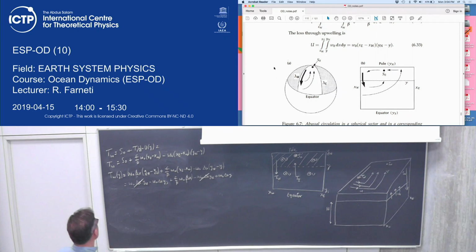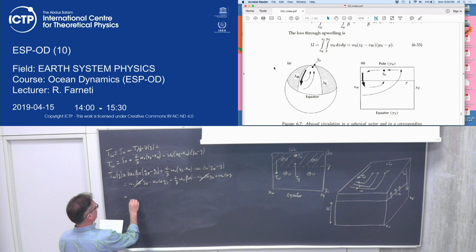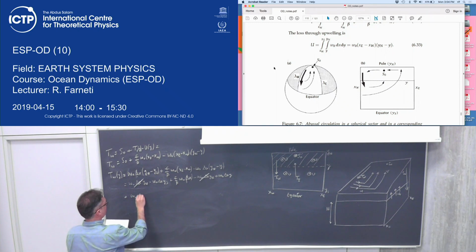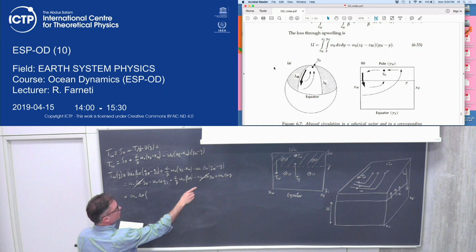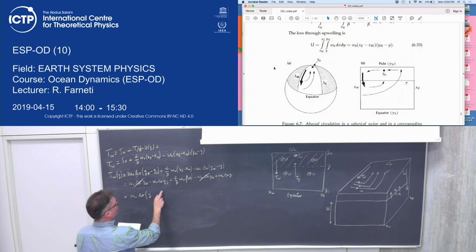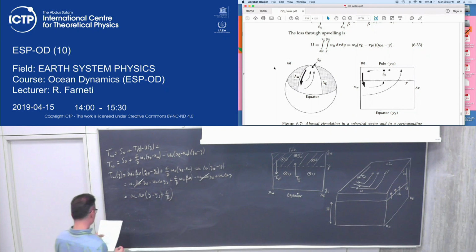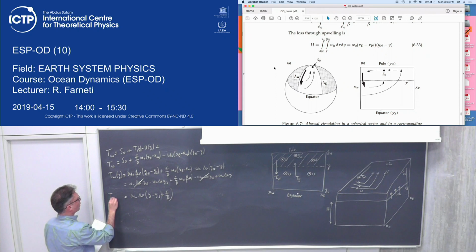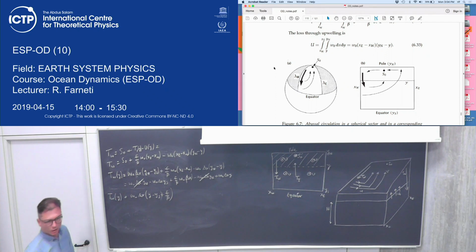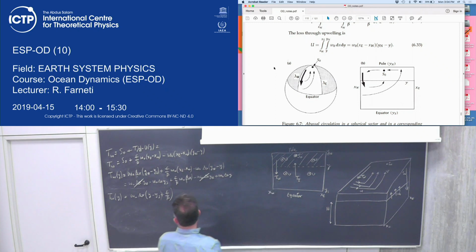And if I didn't make any mistake, you get W naught delta x times y minus y south, and then W naught delta x, so plus f over beta. And this is the strength of the western transport.